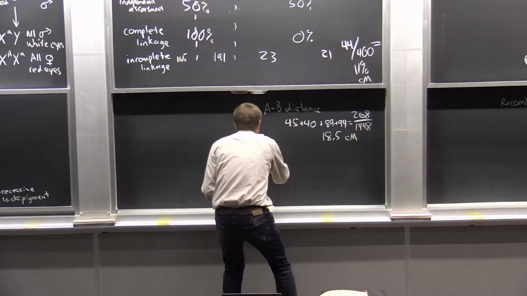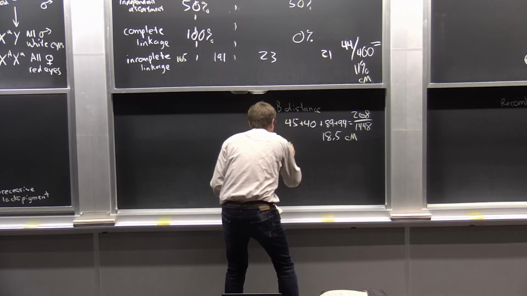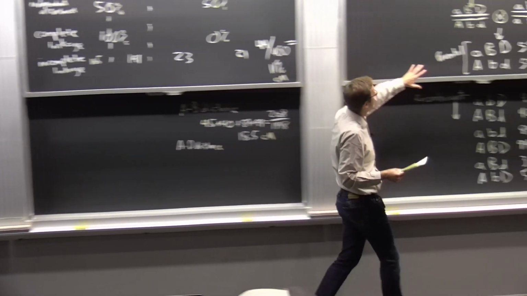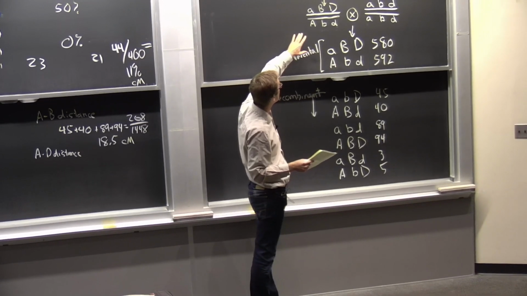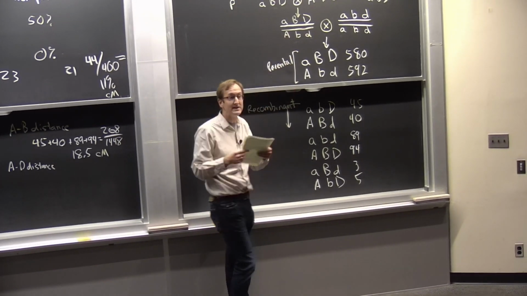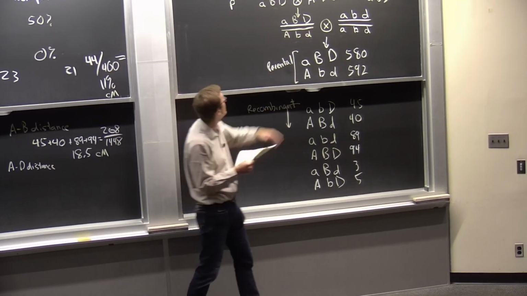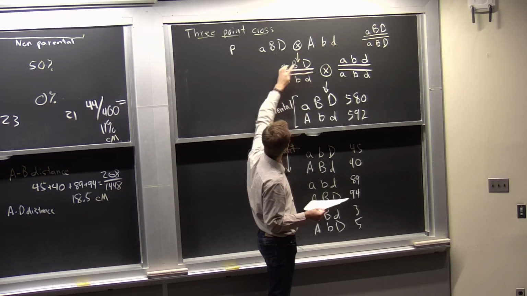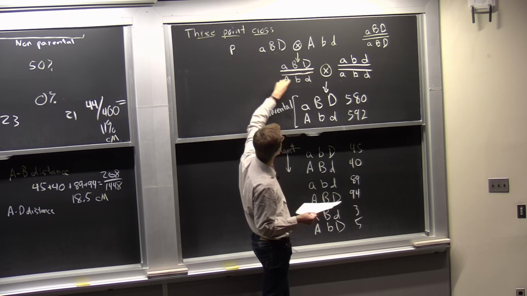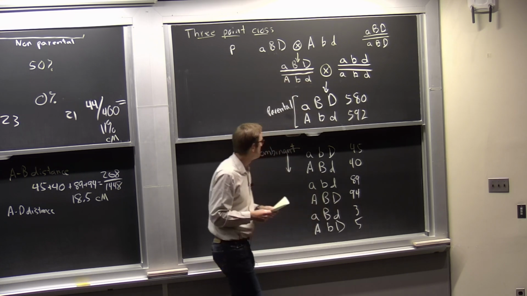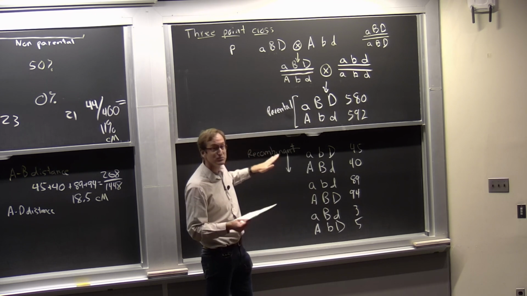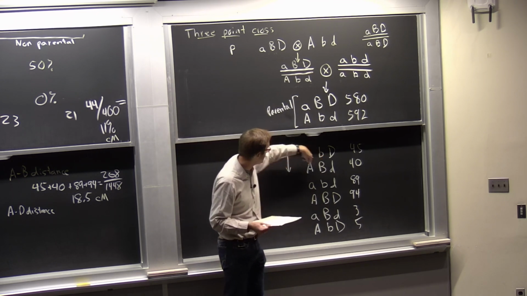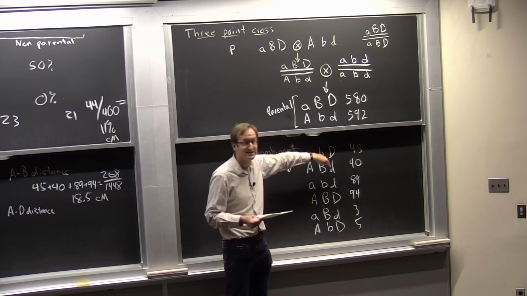So how about the AD distance? Again, we have to go through and figure out where the alleles for A and D have been recombined. So little a is with capital D, and uppercase A is with lowercase d. We have to find all the cases where that's not the case. Here, this is lowercase a with capital D and capital A with lowercase d.